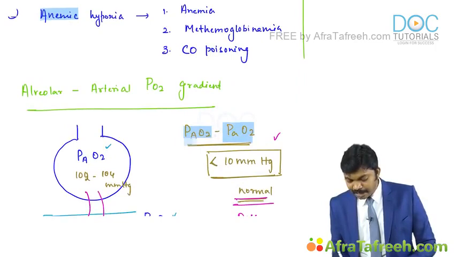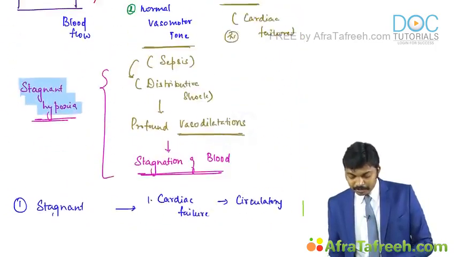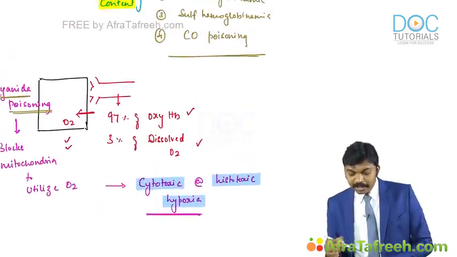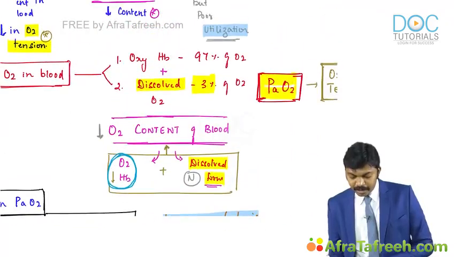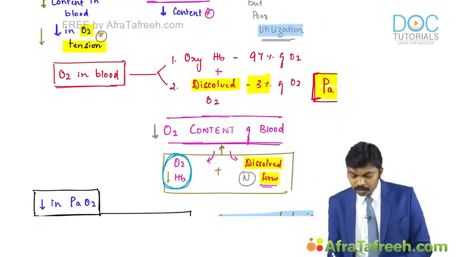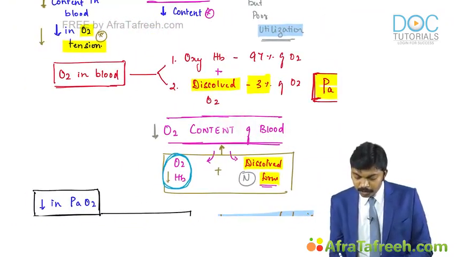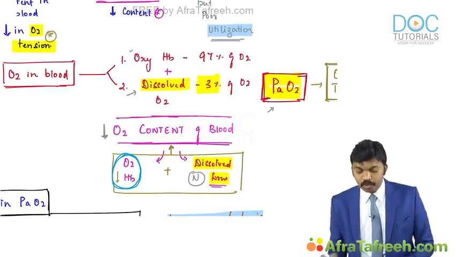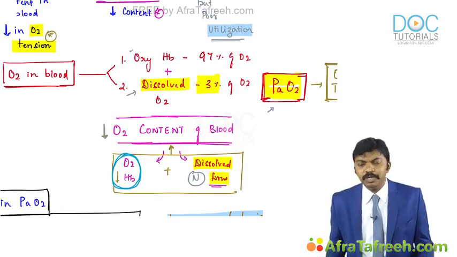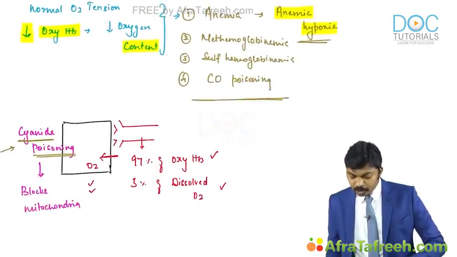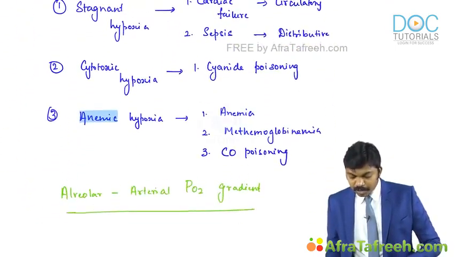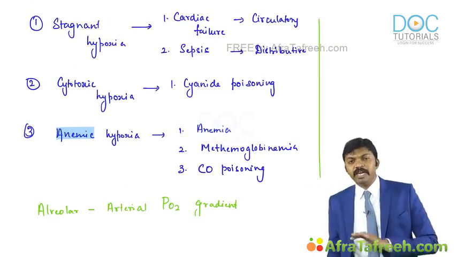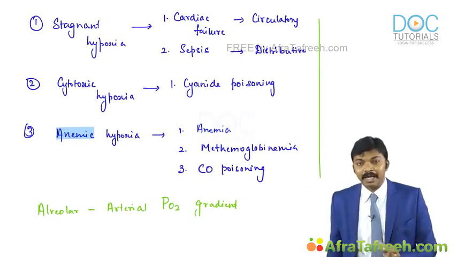You know that partial pressure is created by the dissolved form of oxygen, right? In anemic hypoxia, oxyhemoglobin is reduced because there is less hemoglobin, whereas the dissolved form is going to be absolutely normal. So partial pressure is going to be very normal in anemic hypoxia.